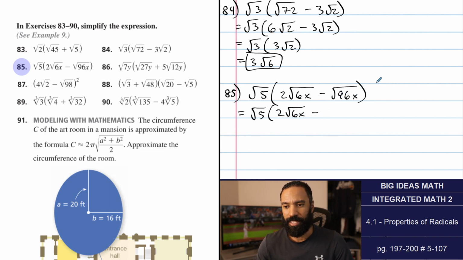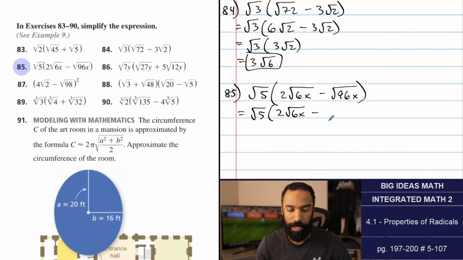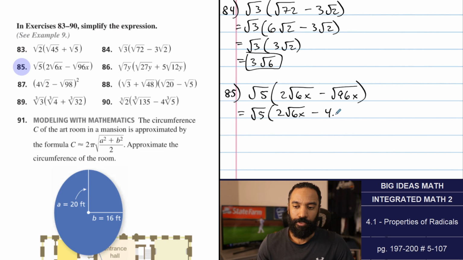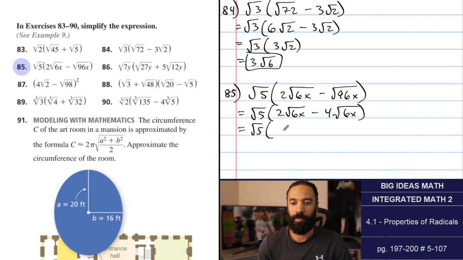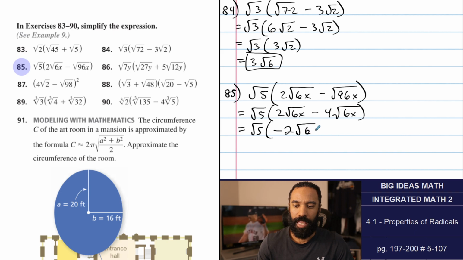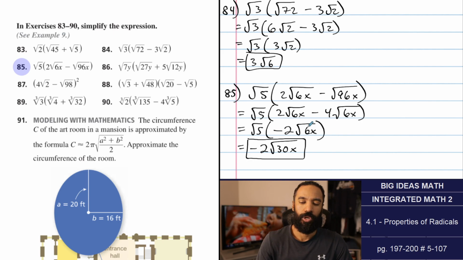Now the x is going to have to stay inside, but 96 is 16 times 6, and 16 being a perfect square of 4 gives 4 root 6. That x stays inside with it. I got root 6x's from both of these, for which I can combine. Root 5 is going to have to wait while I do 2 minus 4 to get negative 2. Negative 2 root 6x. Root 5 times root 6 is root 30. So I got negative 2 root 30x. 30 has no perfect square factors. We are done.